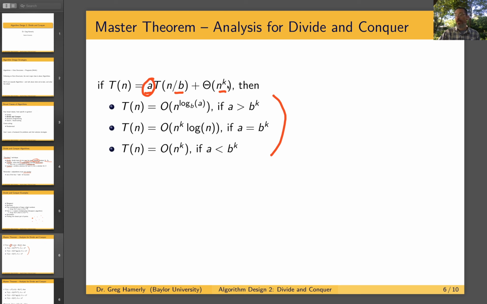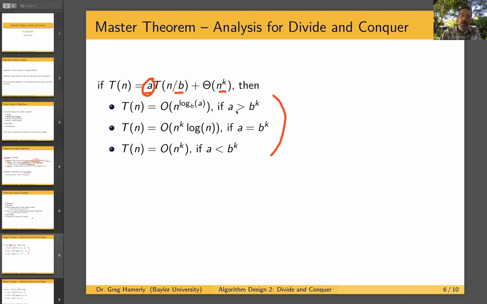So if we have to do linear work, then k would be 1. If we have to do quadratic work, then k would be 2. And when we say at this level of the recursion, we're saying in order to prepare for or post-process those recursive calls, how much work do we have to do? n to the k. And I suppose this could be constant time as well.